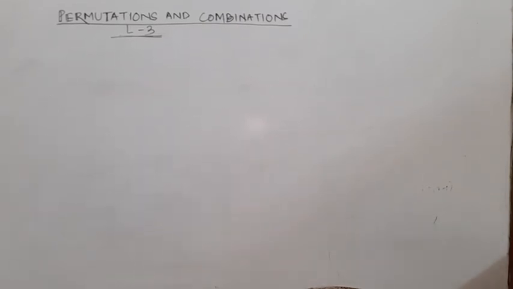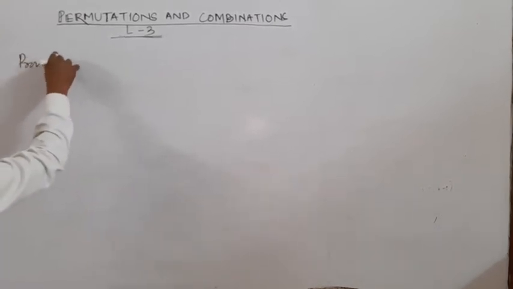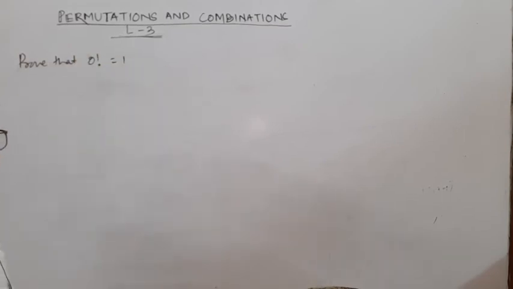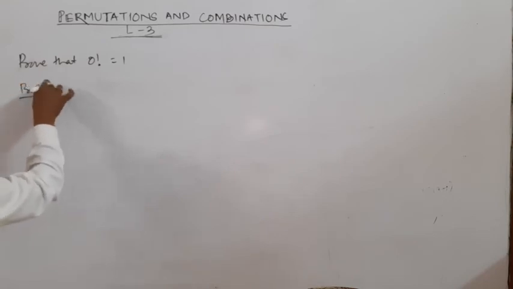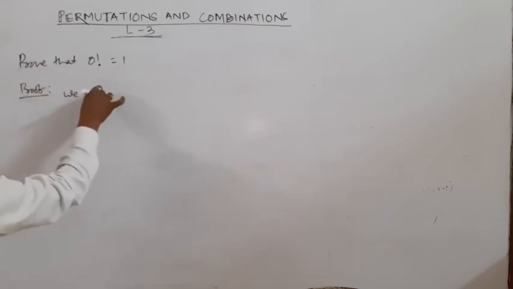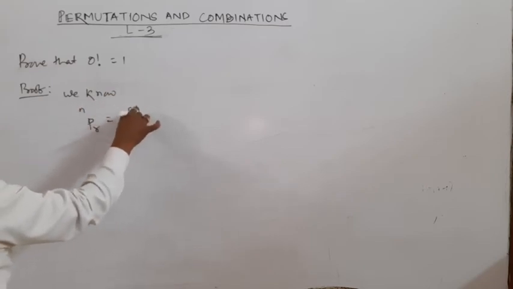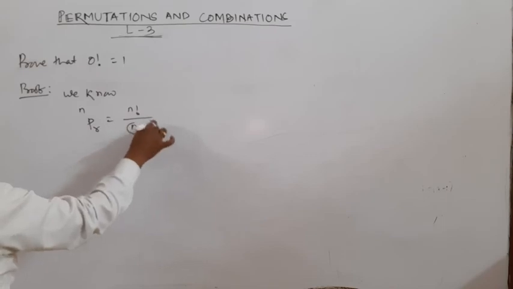Prove that 0 factorial equals 1. Solution or proof: we know nPr is equal to n factorial divided by (n minus r) factorial.